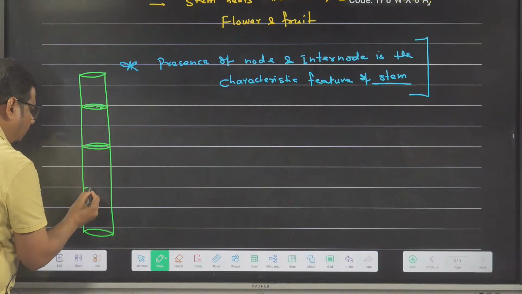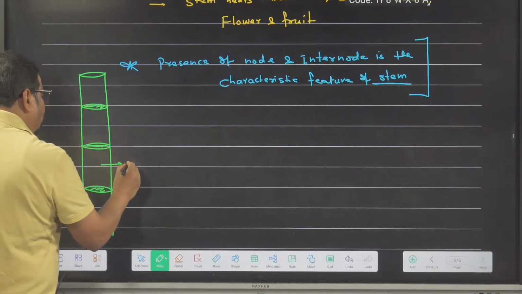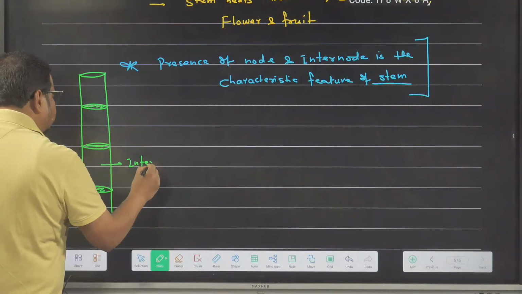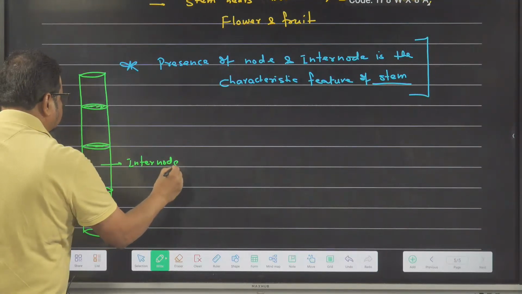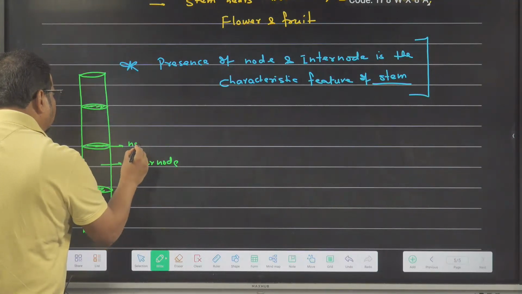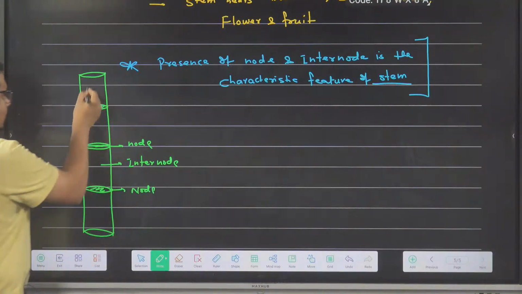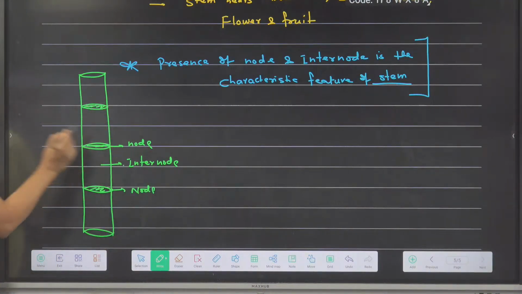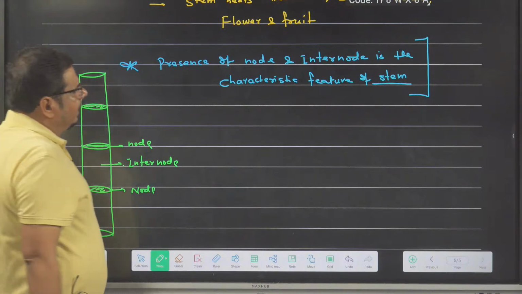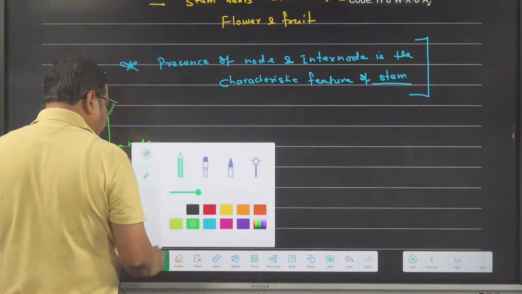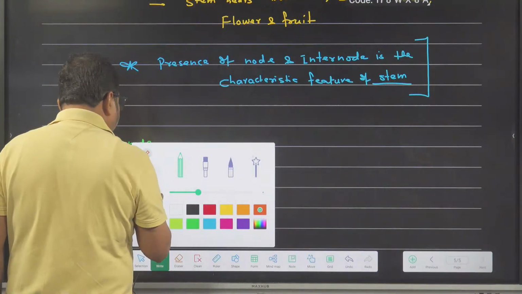This is node. This is node. And the area between two nodes is called internode. So this is the stem here. Presence of node and internode is a characteristic feature of a stem. Got the idea? It helps to identify the stem. It helps to differentiate the stem from the other.